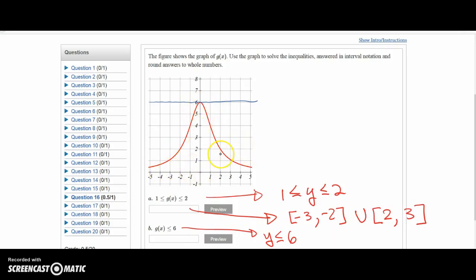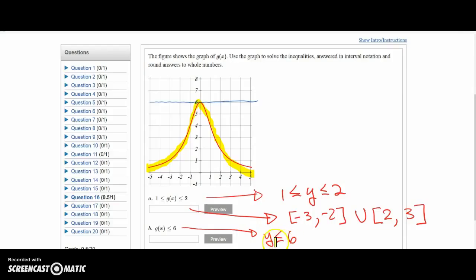Well, if you pay close attention, every single y value on this curve is definitely less than 6 or equal to 6. It definitely happens all the way through the whole curve.